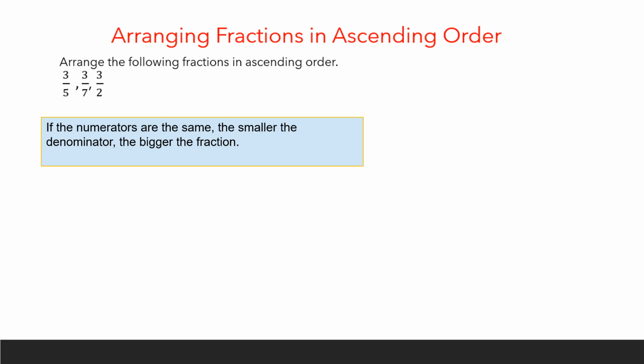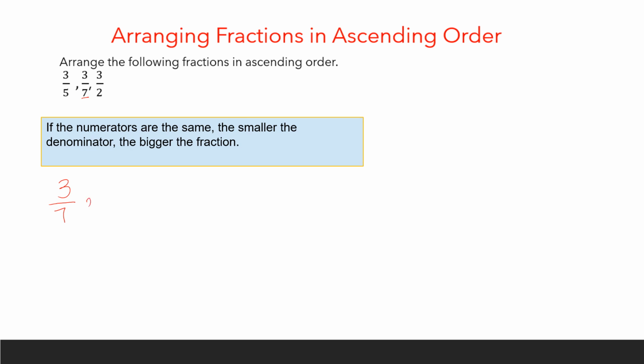So what is the smallest denominator here? We need to check. Oh yes, we need to write in ascending order, which means we need to start from the smallest, then greater. The greatest denominator is 7, so our smallest fraction will be 3 by 7, because we know that the greater the denominator, the smaller the fraction.